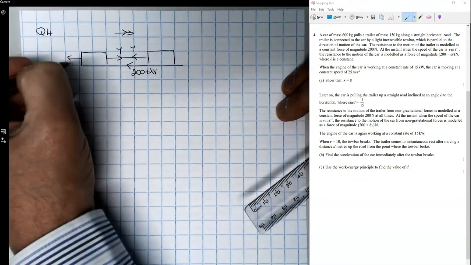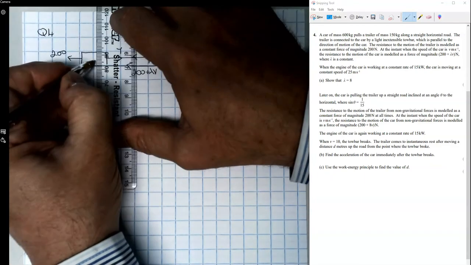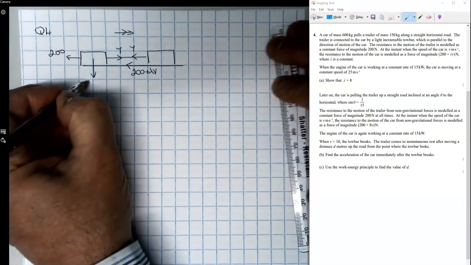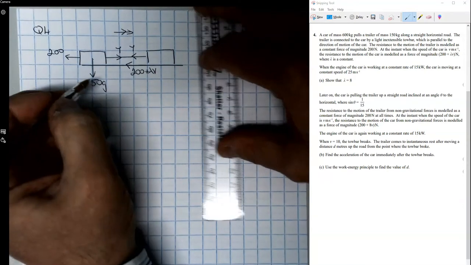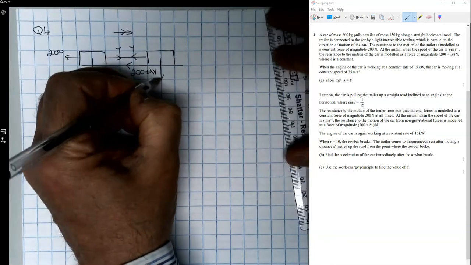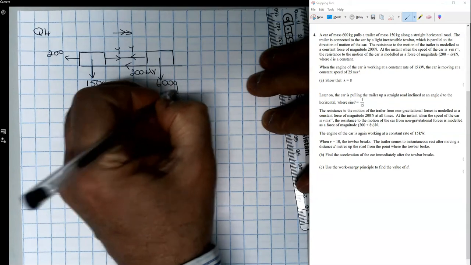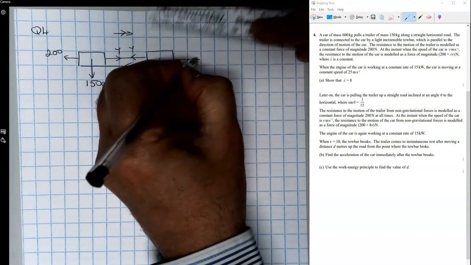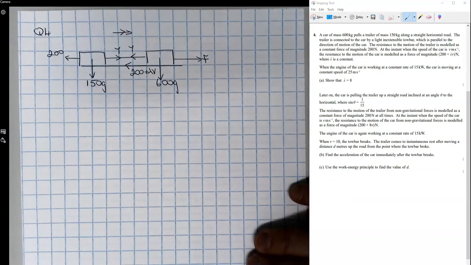Resistance to motion of the trailer is 200, and we know the weight of the trailer is 150 g, and the mass is 150, and similarly this is 600 g, and there's some sort of driving force here. Okay, so that's our scenario.